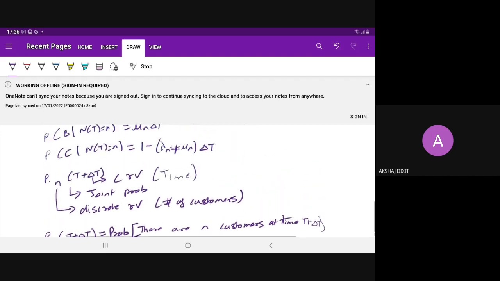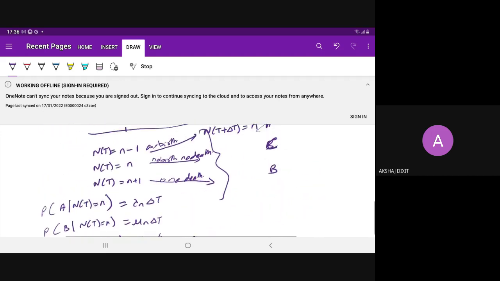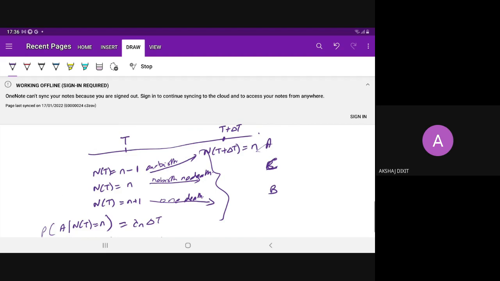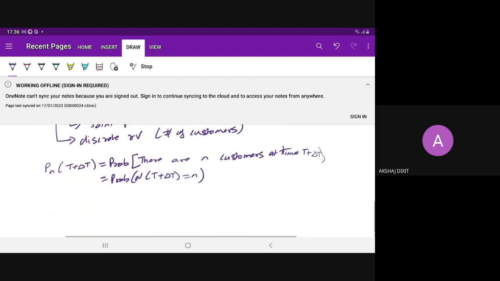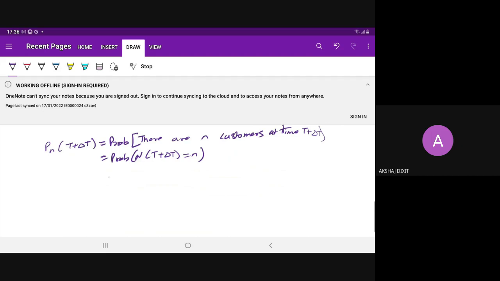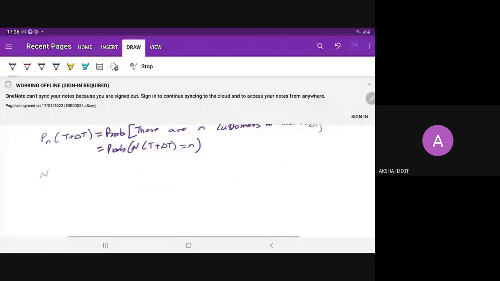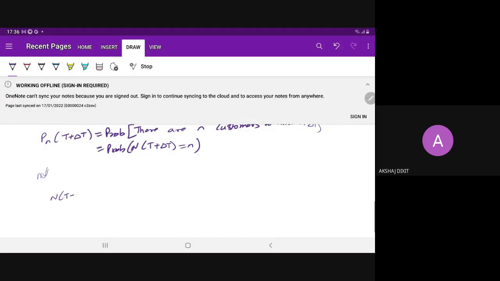Now, using the events you have defined, how can we write this? If I want N(t plus delta t) equal to n, when is it possible?